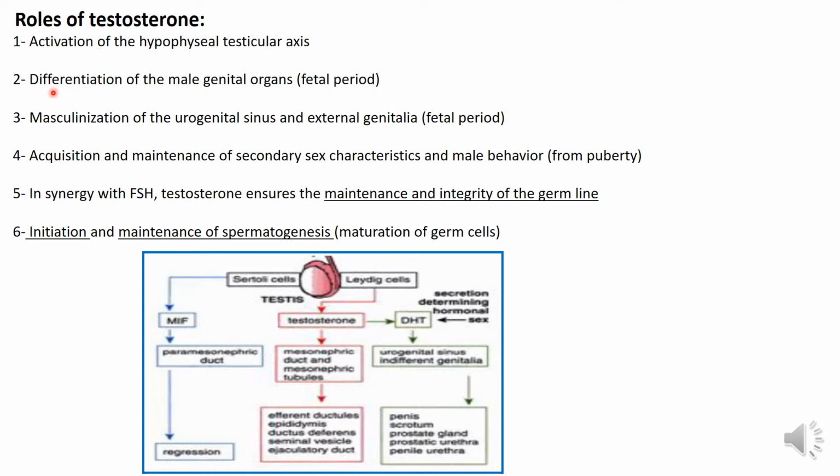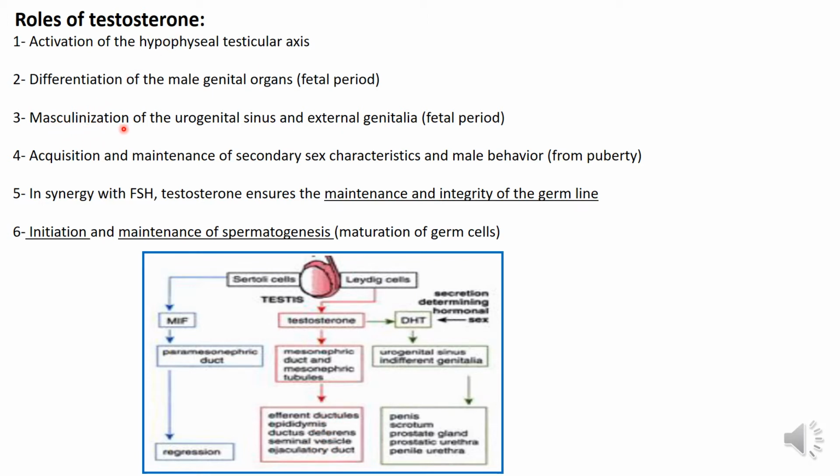It induces the differentiation of the male genital organs during the fetal period, and that's what we have seen earlier, that it induces the differentiation of the male genital organs into efferent ducts, epididymis, seminal vesicles, the ejaculatory duct.